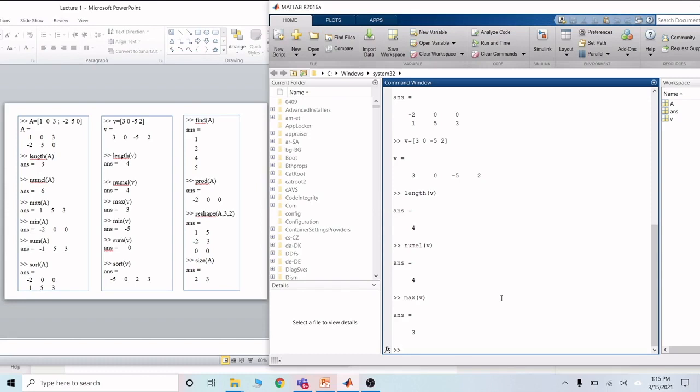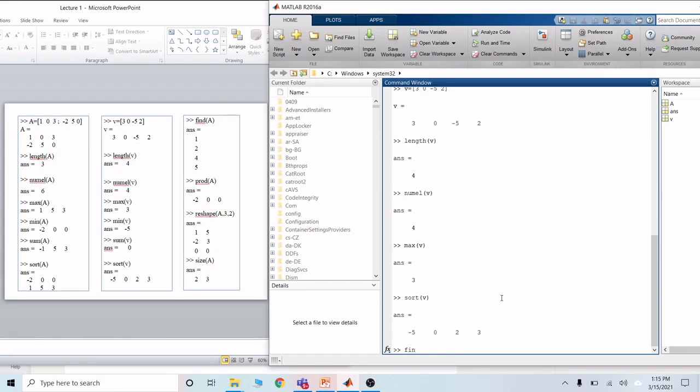In sort, the row will be in increasing order, because there is only one element in each column, so the sort command is applied along the row: -5, 0, 2, 3.